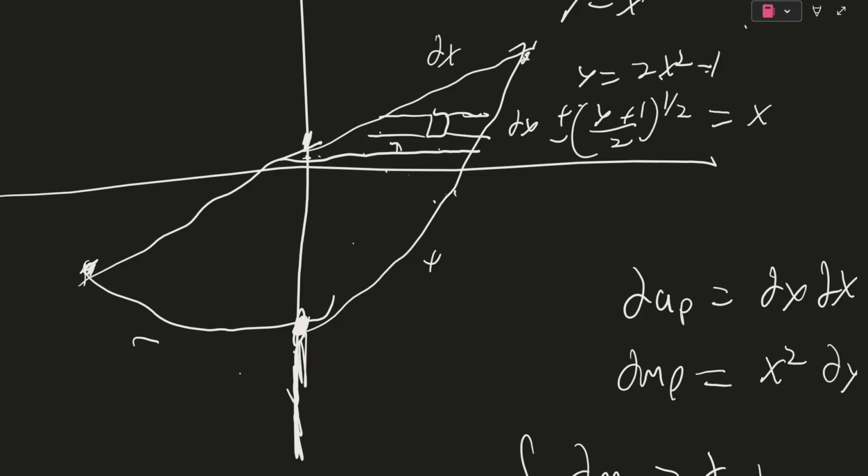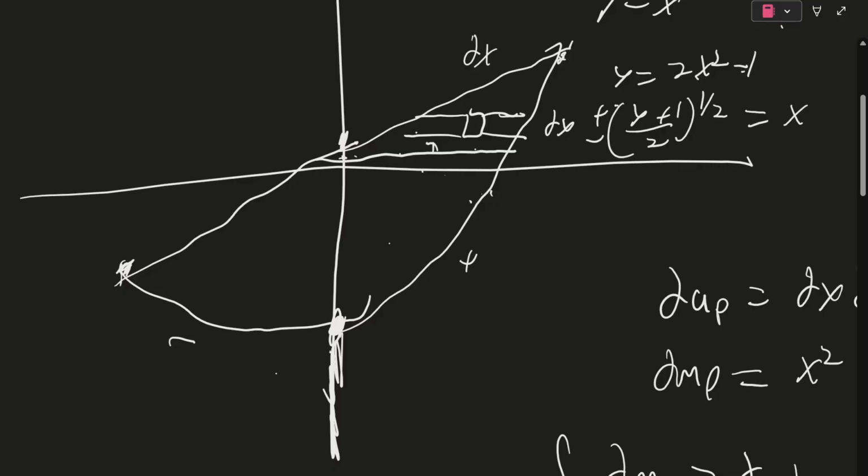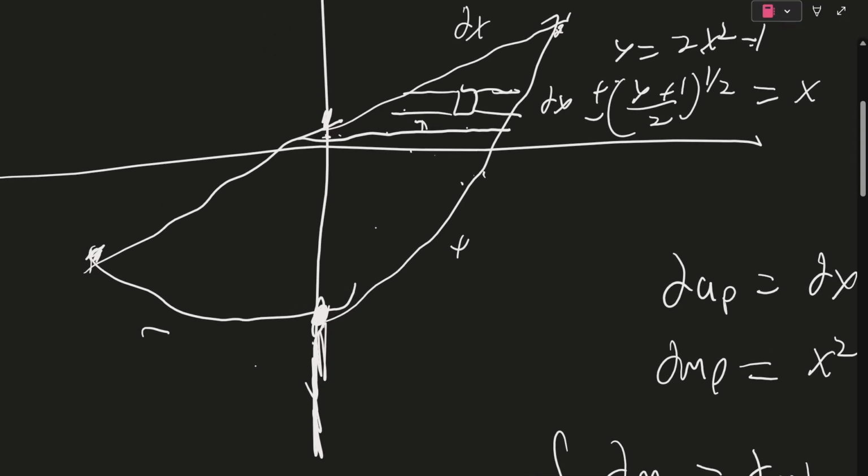In order to integrate and form our little strips, we're going to have to integrate across our region everywhere, including places like this, where our left and right functions meet.